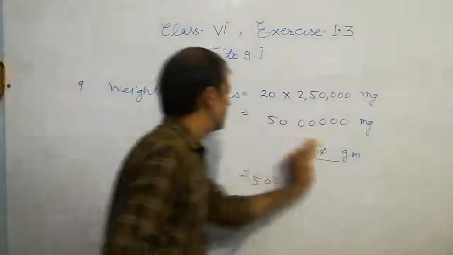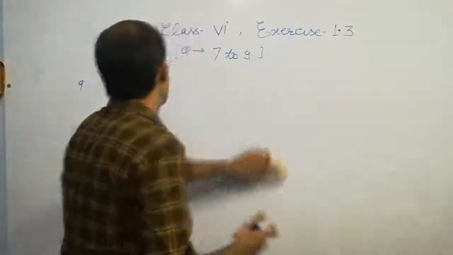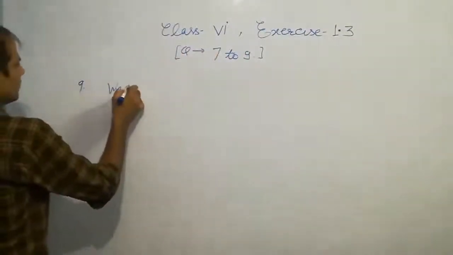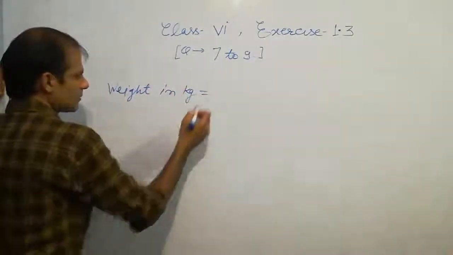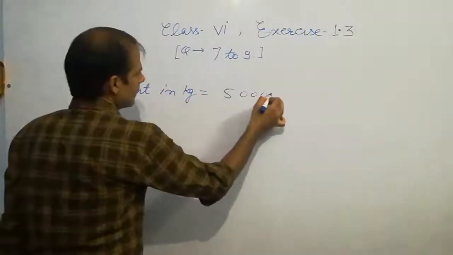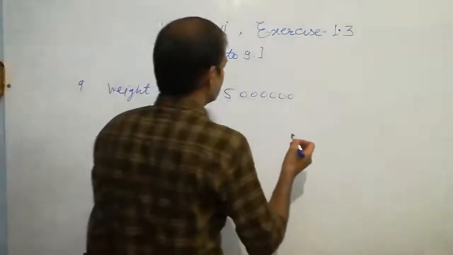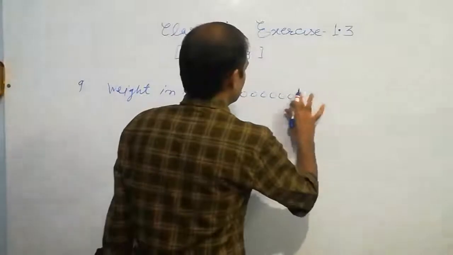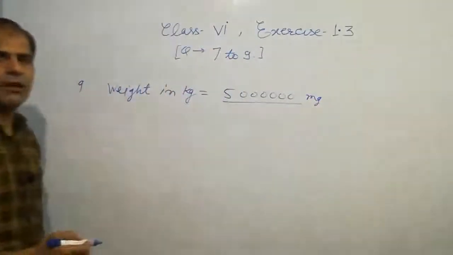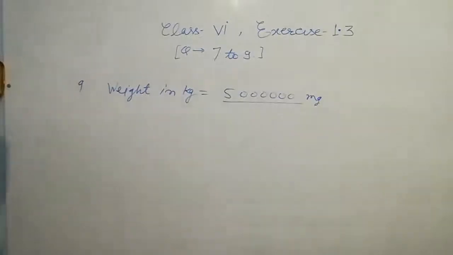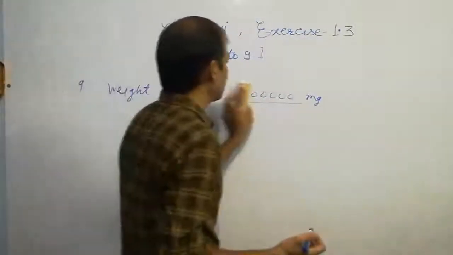I am going to erase the weight in kilogram. Okay, so this is the remaining part. Weight in kilogram equals, just write that value. Okay, it is 50 lakh milligram, and if you want to find the value of kilogram, just divide it by, okay, let's forget it.